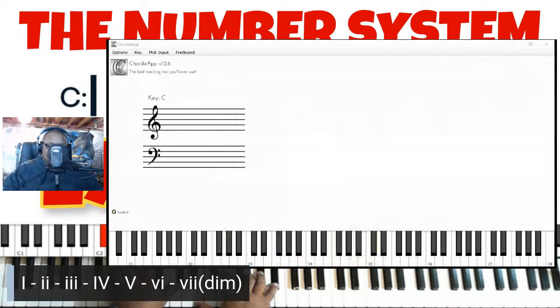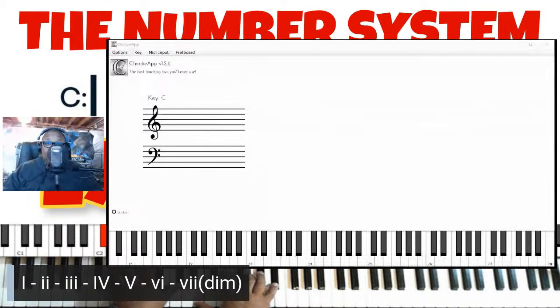1 4 5 1. Again, if we're in the key of C, C is your 1, F is your 4, right, and then your 5 is the G. So that's 1 4 5 1. Now, if you look at the formula at the bottom left-hand corner, you'll see that your 1 is typically played as a major chord.